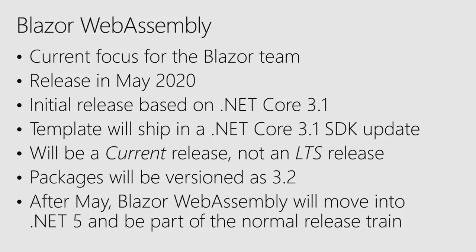Now, because this will be the first supported release of Blazor WebAssembly, it will be a current release, not an LTS release like the rest of .NET Core 3.1. To help make that clear, we will update the versions of the Blazor WebAssembly packages to be 3.2 instead of 3.1. After that release in May, Blazor WebAssembly will then move into .NET 5 and become part of the normal .NET release train.